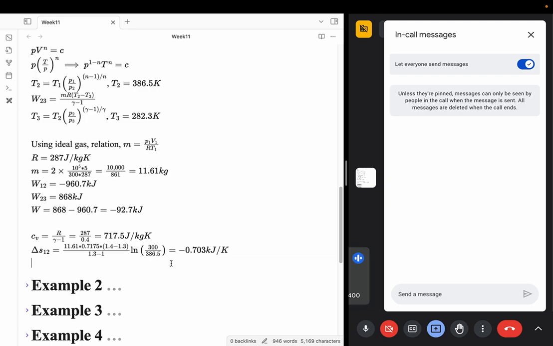So is this okay? My entropy is negative. Is this fine over here? In a compression process, can entropy be negative?